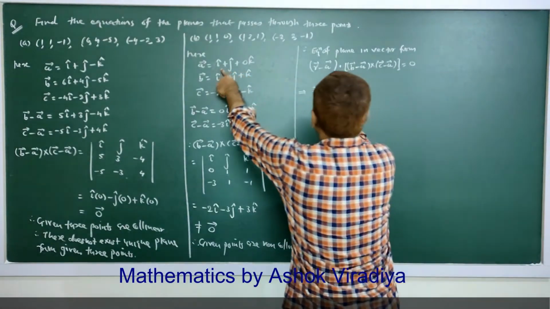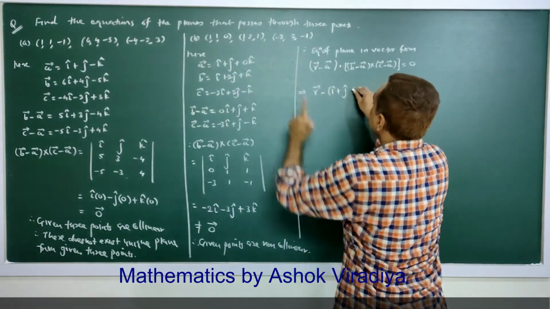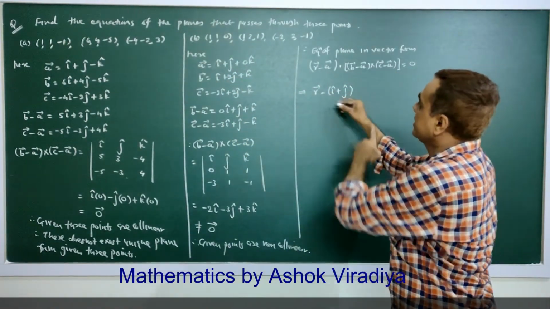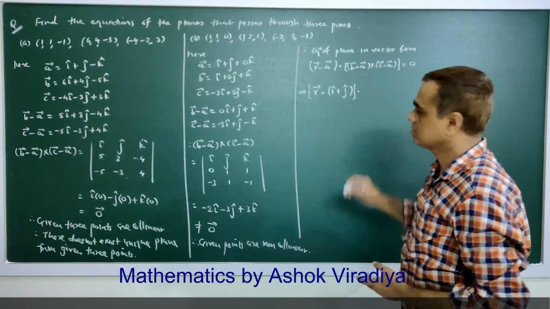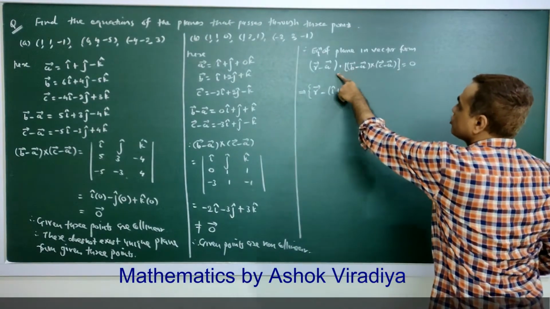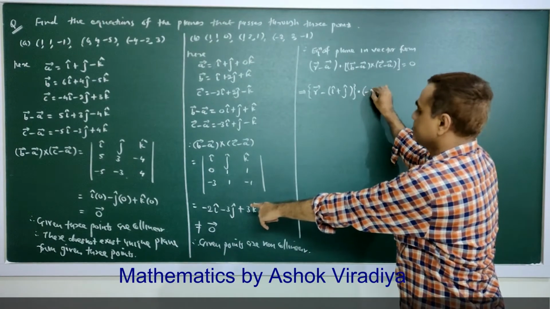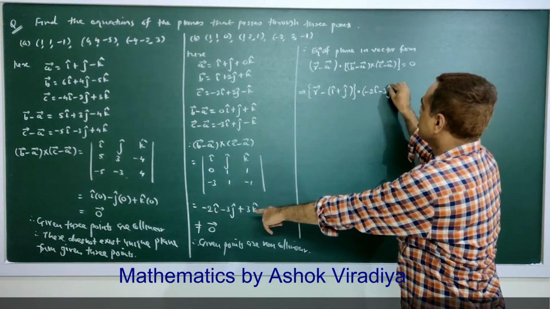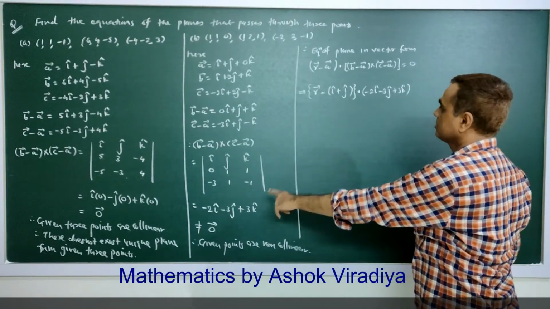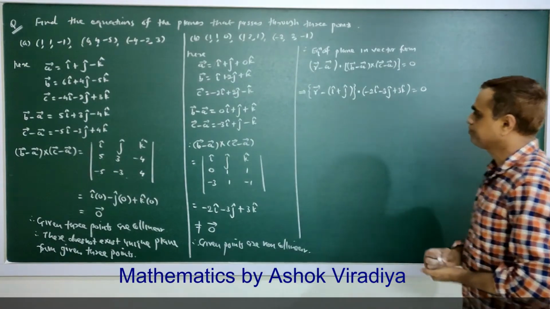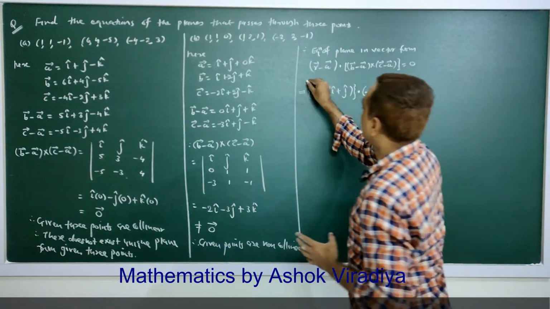Vector a is i plus j plus 0k. So this is r minus vector a, put in brackets, dot the cross product of these two vectors, which is already found: minus 2i minus 3j plus 3k. This is equal to 0. So this is the vector equation.